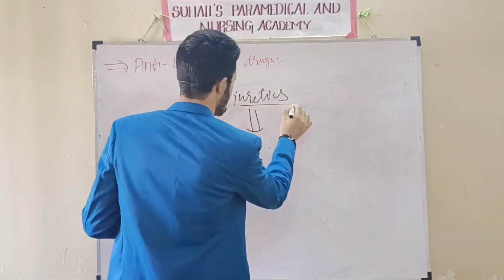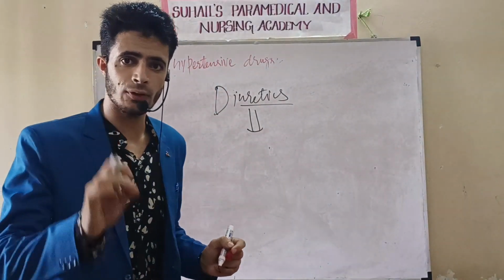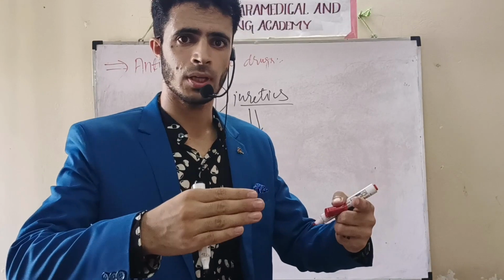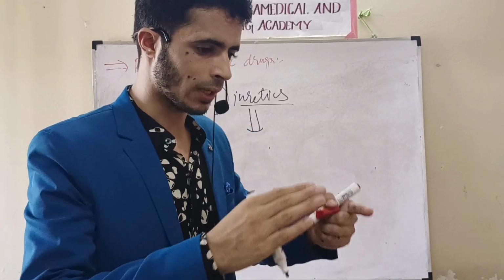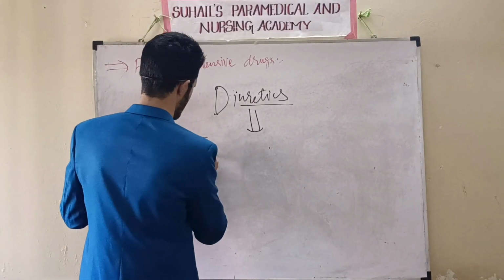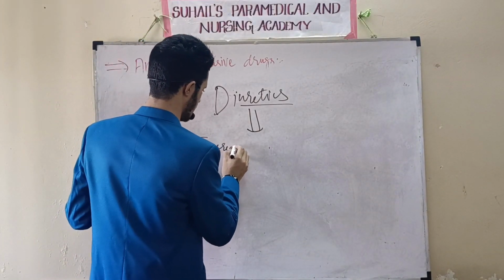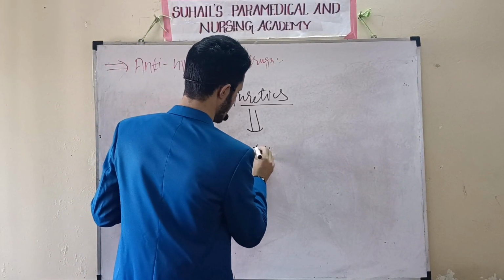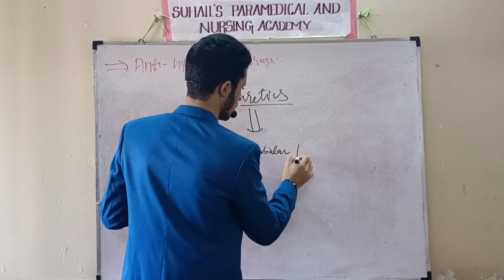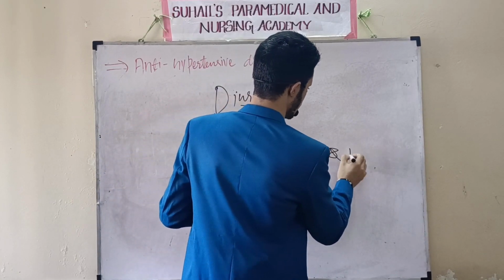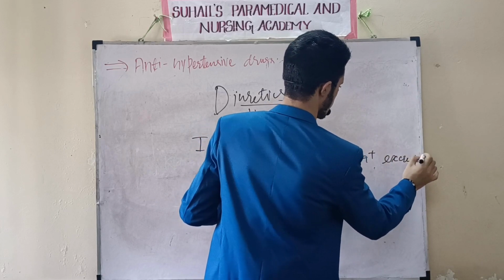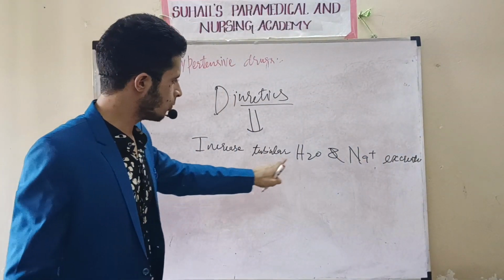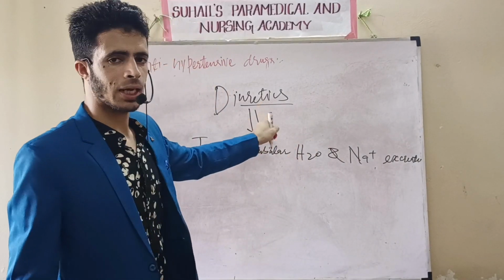Diuretics means they will increase urination. They will increase the removal, the excretion of water. That means they will increase tubular water and sodium excretion. So the tubular sodium and water excretion will be increased by the diuretics.